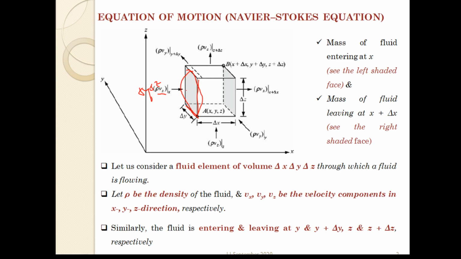Now similarly we can talk about the right face, the mass of the fluid which is leaving from x plus del x, this shaded face. It also has the area del y del z, but it is the face at x plus del x.